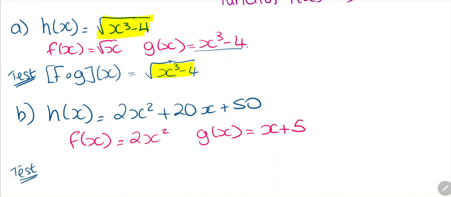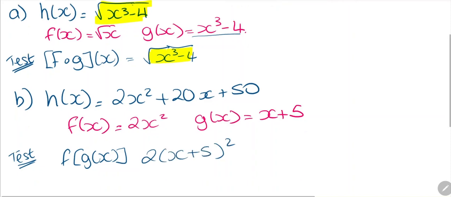So h of x, we want this to be f of g of x, so we can write it this way, or we can write it as we did above. And if we have our g of x, and we're going to put it into 2x, so this is going to be 2 times x plus 5 squared.